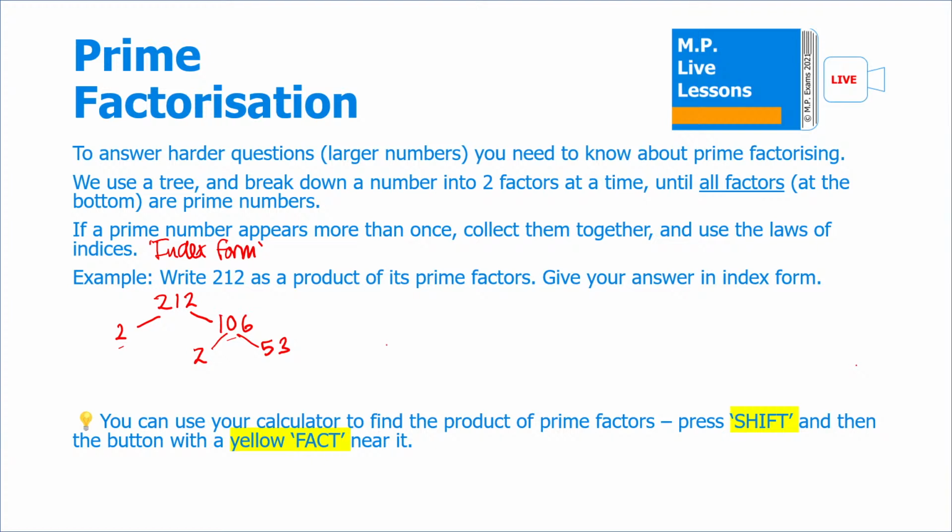So at the end, 53 is a prime number, so it's 2 and 2 here. So there's 2 times 2 times 53. So we can group these 2's together. So there's 2 being multiplied twice by itself, so that would be 2 squared times 53.